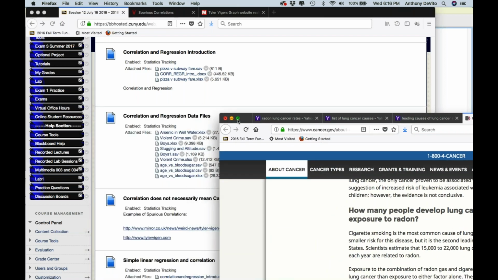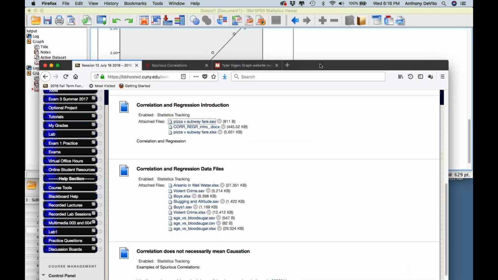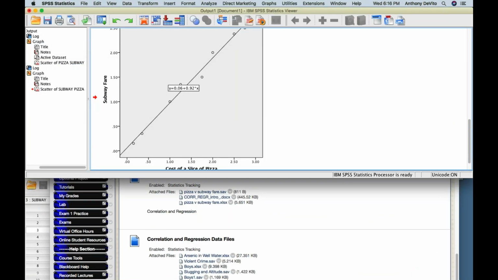So one of those numerical variables is going to be the dependent variable, and the other is going to be the independent variable. The independent variable is the one that causes the change in the other one. The dependent variable is changed by the independent variable; it depends on the value of the independent variable. So which one's the independent variable, or the causer? Smoking, right? Smoking is the causer.